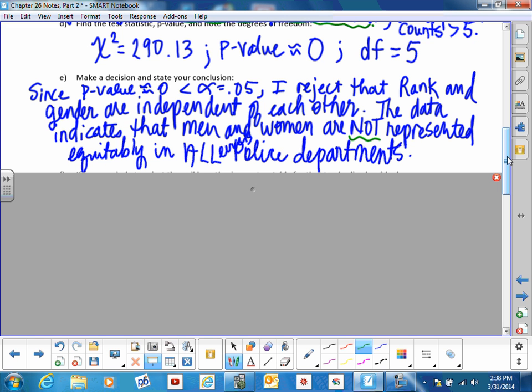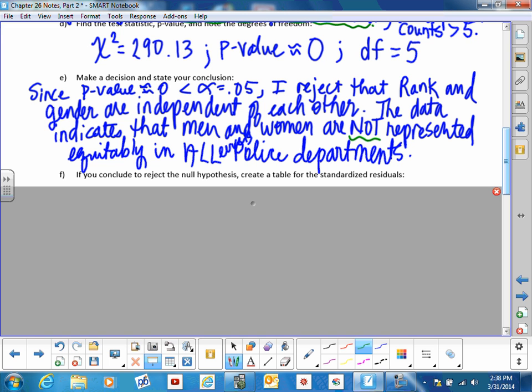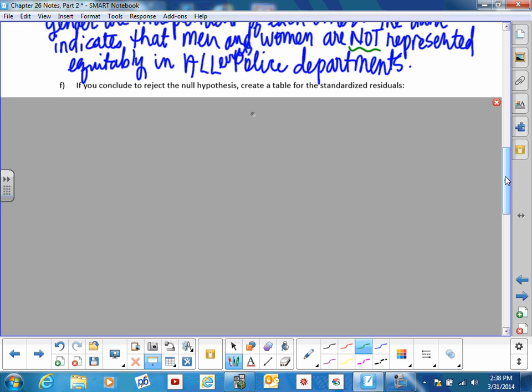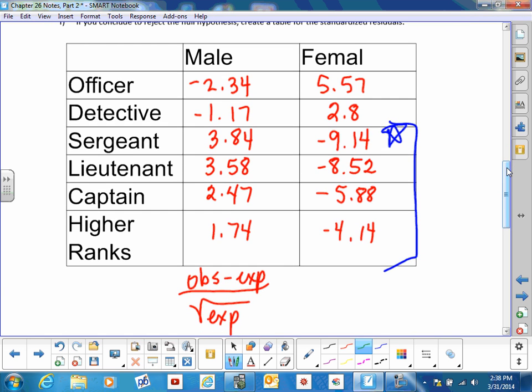Once we have that, if we end up rejecting, we want to know more information. Most likely it'll ask us, in the event that you end up rejecting, comment on what happens. So here it is: if you conclude to reject the null hypothesis, create a table for the standardized residuals. I'm sorry, I also included total on your little table there. You don't need to have the total section.